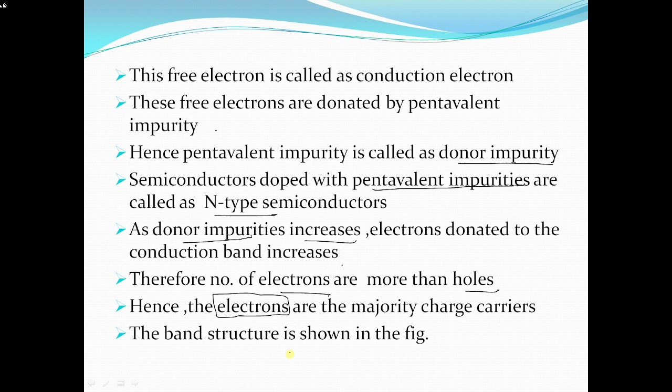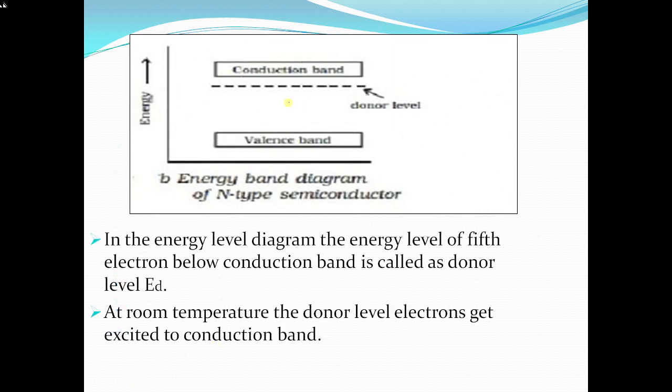So this is about the bond structure. Now if we go for the band structure, this is the band structure. See here, this is the valency band and this is the conduction band. We know that at T equal to 0 Kelvin, the valency band is filled with electrons and the conduction band is empty.